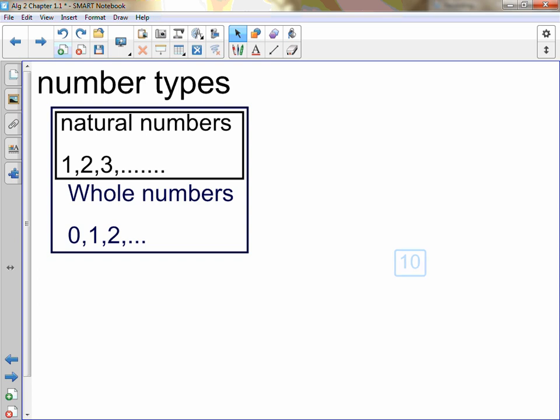After natural numbers is something called whole numbers. Now, the only thing that whole numbers adds is 0. Natural. Whole.